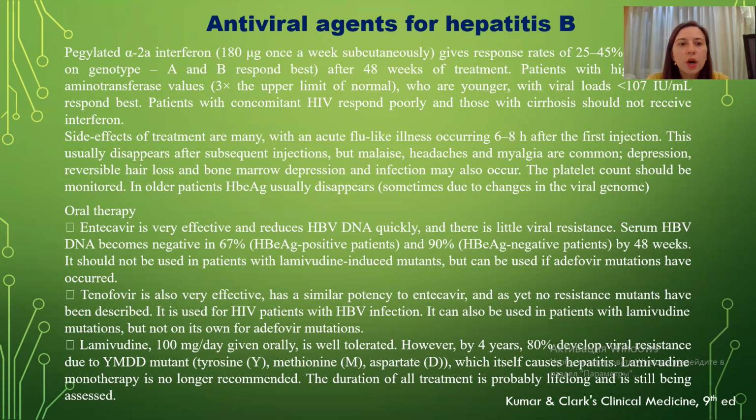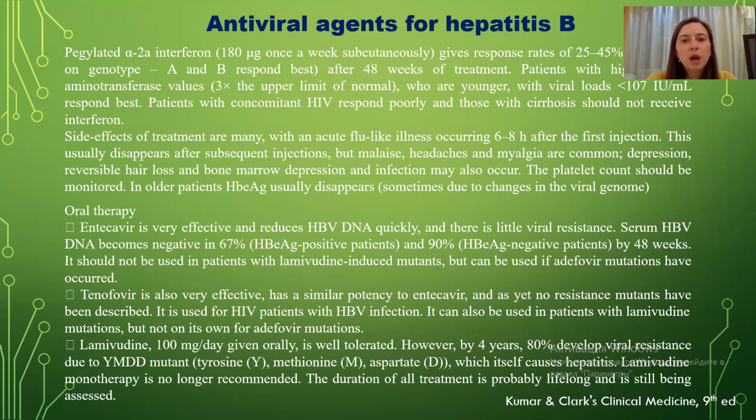Patients with higher serum aminotransferase values who are younger with viral loads less than 10^7 IU per milliliter respond best. Patients with concomitant human immunodeficiency virus respond poorly, and those with cirrhosis should not receive interferon.